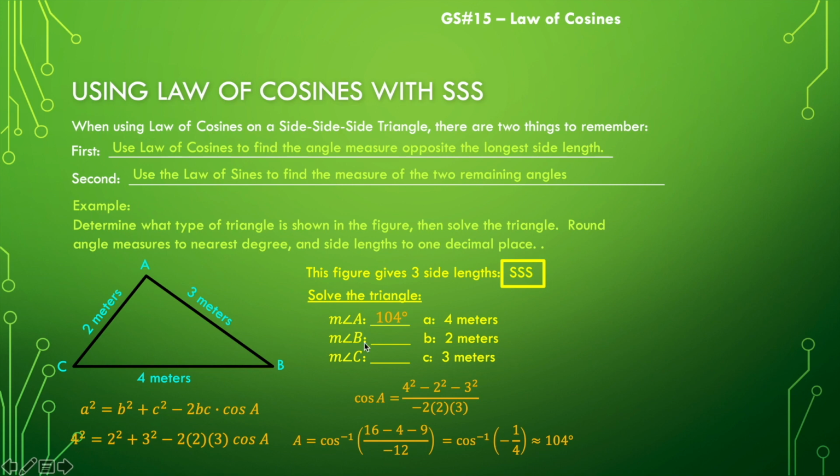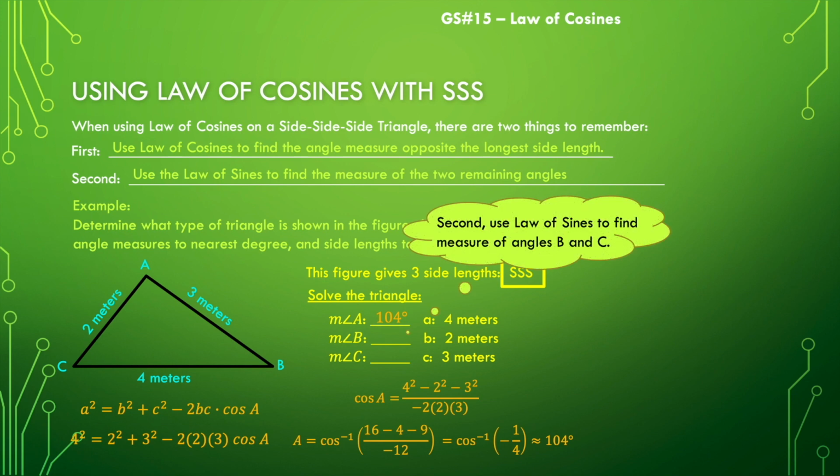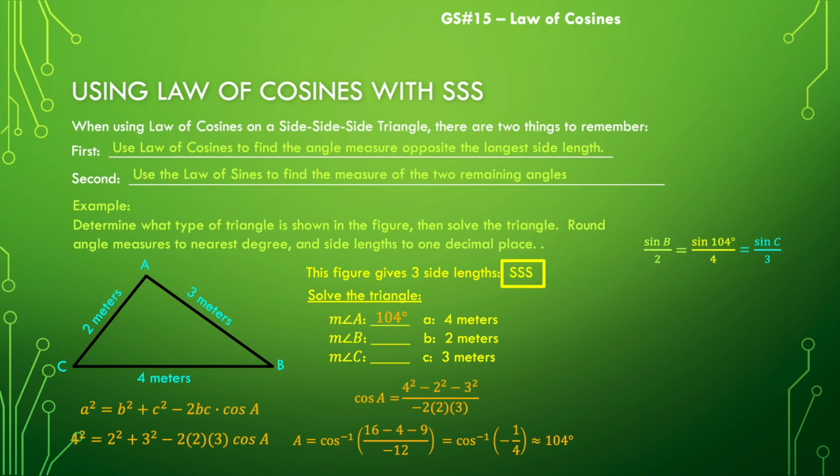Now again, we have a match, a pair of a side and an opposite angle for which we have the information. So now we can go ahead and use law of sines to finish this triangle. Let's set up our proportion. The pair that I have, I'm putting in the middle: sine of 104 degrees over 4. And that's going to equal the sine of angle B over 2, and it will also equal the sine of C over 3.